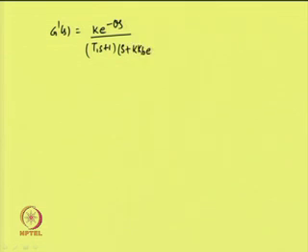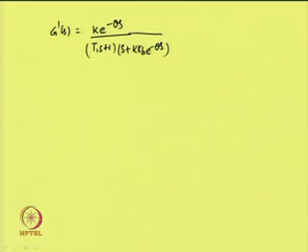G dash s further can be simplified and written in the form of k e to the power minus theta s upon T 1 s plus 1, s plus k k b e to the power minus theta s.